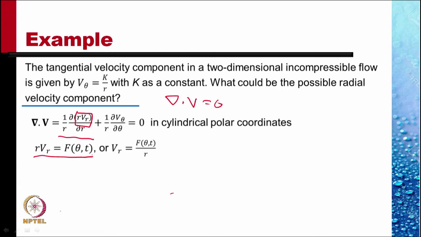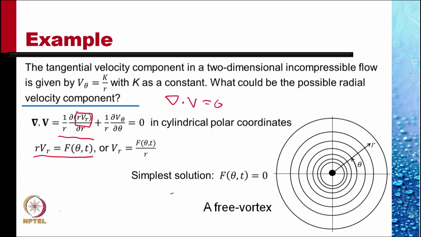This gives Vr is equal to some function f of theta and t divided by r. Vr varies inversely as 1 over r. There could be dependence on theta and dependence on time. If we talk of steady flow, there will be no dependence on time, so there could be a dependence on theta. All kinds of solutions are possible for this. The simplest, of course, is when f of theta and t is 0. Then Vr is 0. There is no radial velocity.